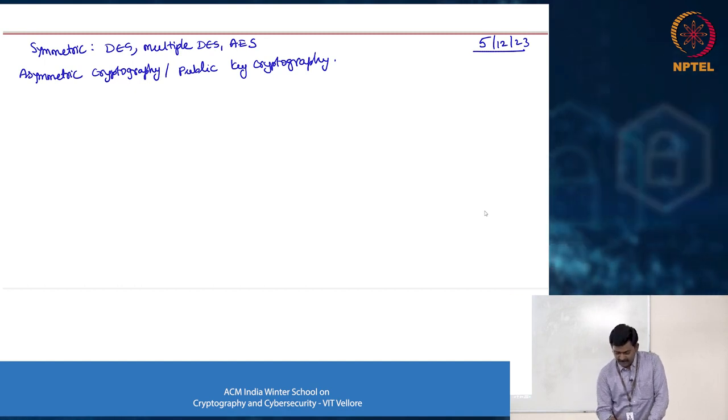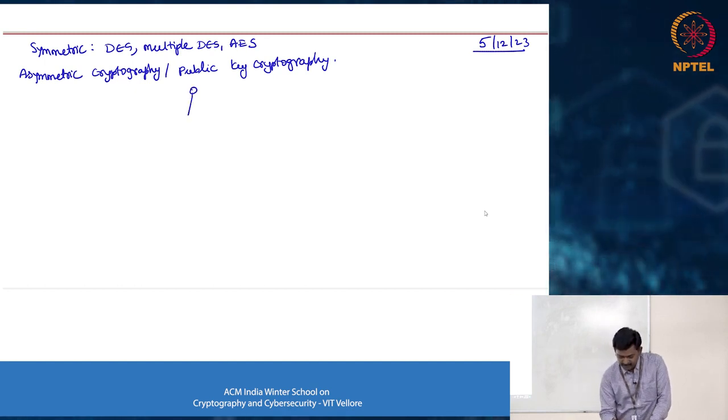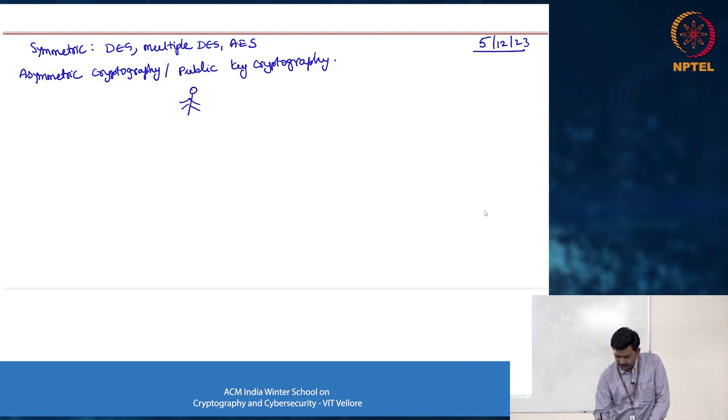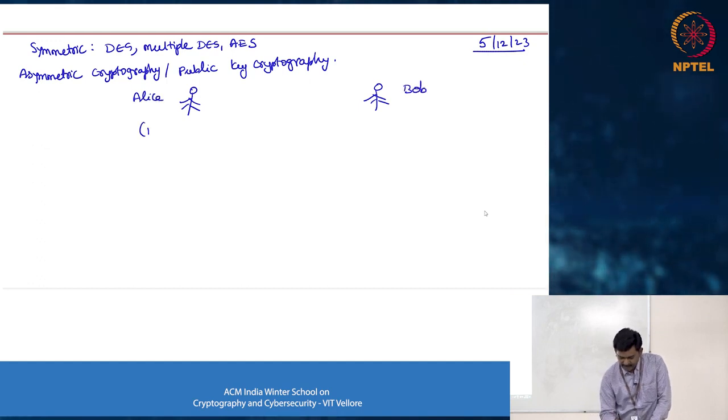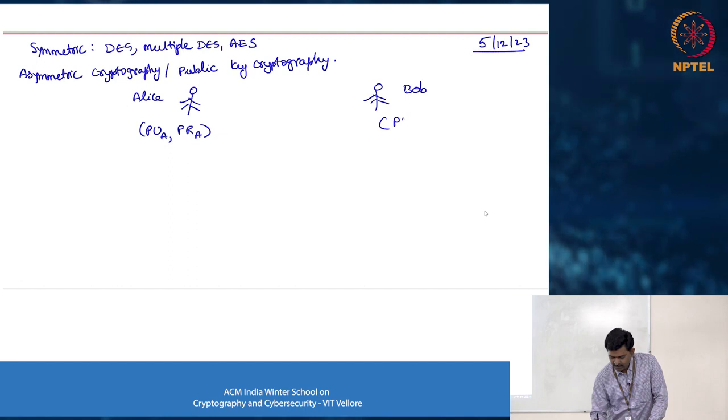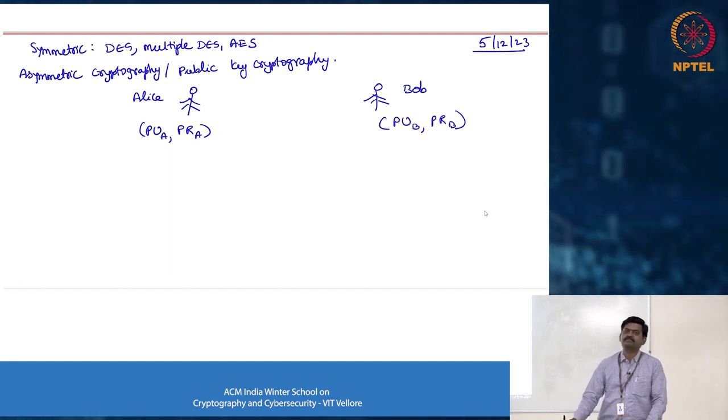So just again, when we look back, there is a sender and a receiver. So Alice and then Bob. What happens? Alice has the key pair, public key and private key. Bob has the key pair, public key and private key.